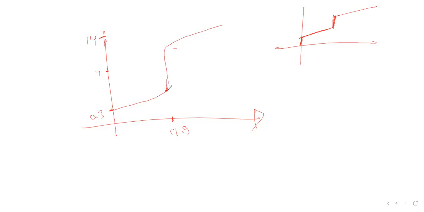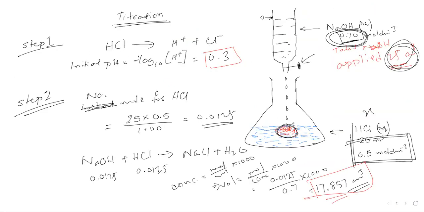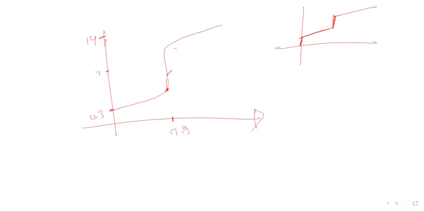That's why we saw in this diagram that one droplet can change the whole color of the solution. At 17.9, it has already reached the neutralization point. But as soon as a single, very negligible drop is added, it can make a steep, sudden difference. That's how it works. Its characteristic is like this, and that's actually how it looks.